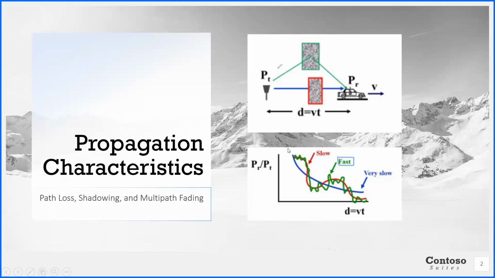And so the amount of power that the receiving side will receive depends on how strong the signal is, how far the distance is, and the amount of obstacles that the signals face before reaching the receiver.